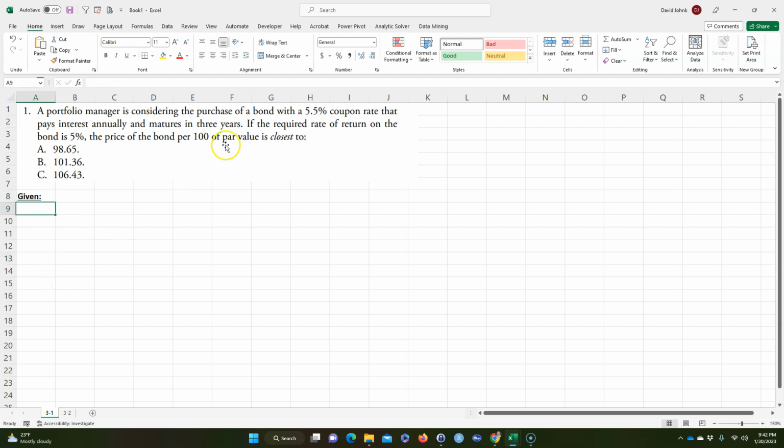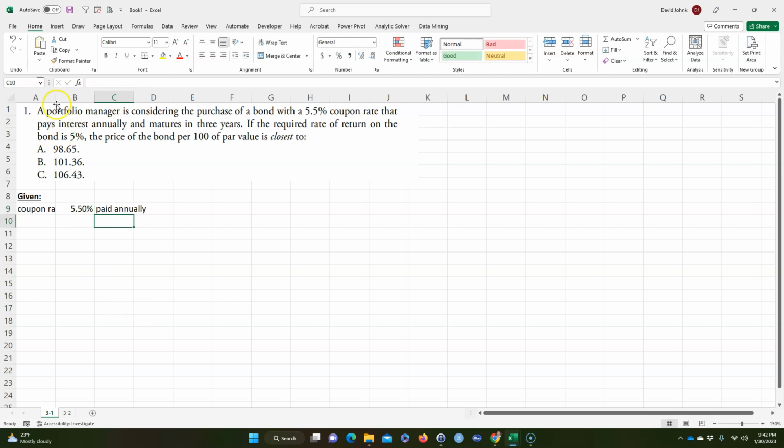So given, we're given a coupon rate of 5.5%, and it's paid annually, right?